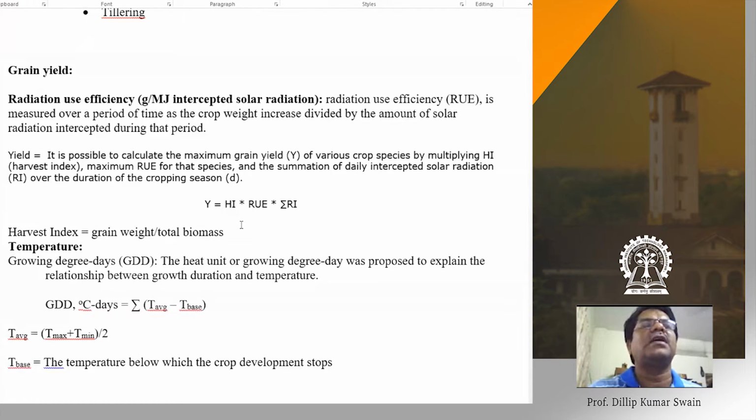It may not vary a lot for a particular cultivar or genotype. When the harvest index is known, the biomass is simulated or predicted using remote sensing techniques. Using that equation you predict the biomass, multiply by harvest index, and you get the grain yield. Grain yield can be calculated by harvest index into radiation use efficiency into total radiation interception.